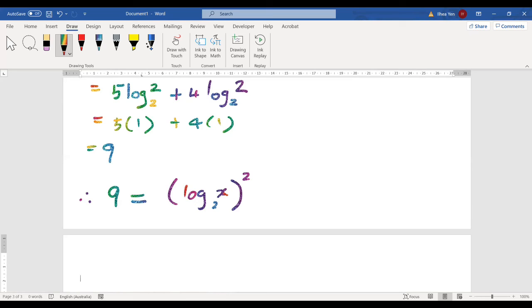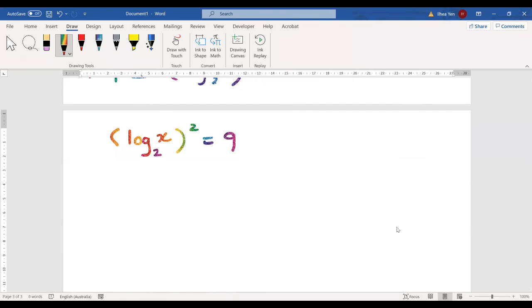And I'm going to swap this just because I don't like the x to be on my right hand side. I want it to be on my left. Okay, so that's not too bad. And I'm just going to have to get rid of this square part. So when I do that, log base 2 x equals plus minus square root of 9, which is the same as plus minus 3. Okay, so that means I'm going to have 2 cases here.